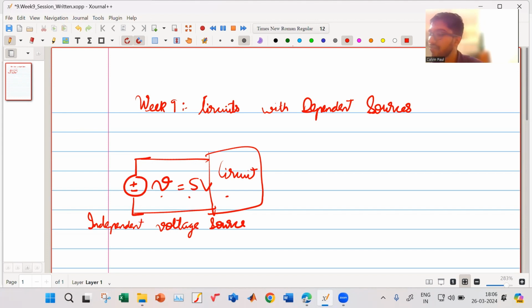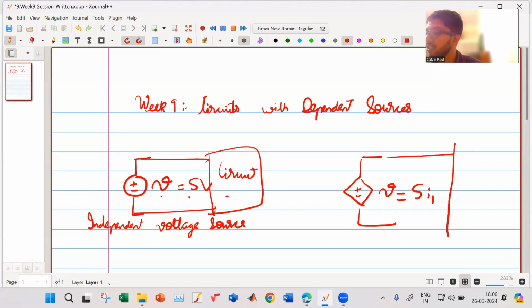But suppose we have something like this. This is V, which is given as pi into I1, assume. And this is your circuit, and there is some resistor, and the current flowing through that is I1.